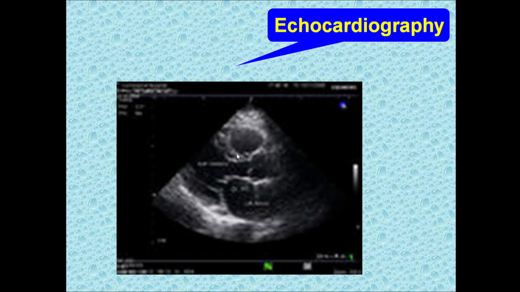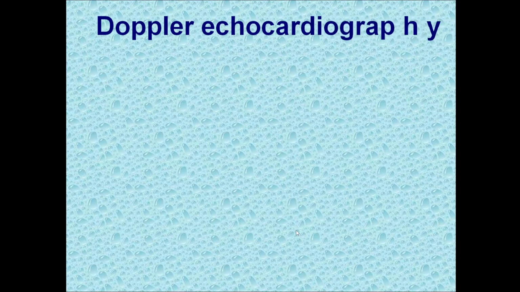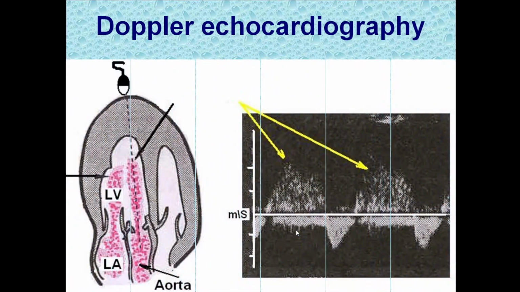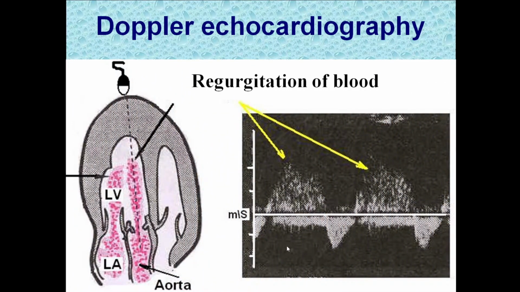And you understand as easy the right cusp of mitral valve to form aortic relative mitral stenosis. And Doppler echocardiography shows regurgitation of the blood from the aorta through the unclosed aortic orifice.